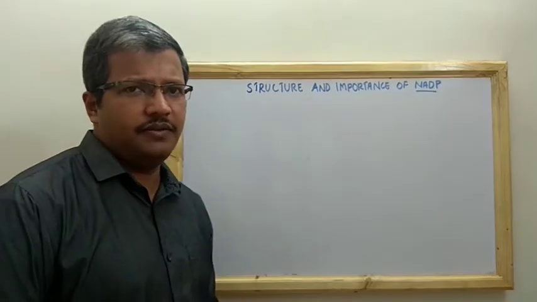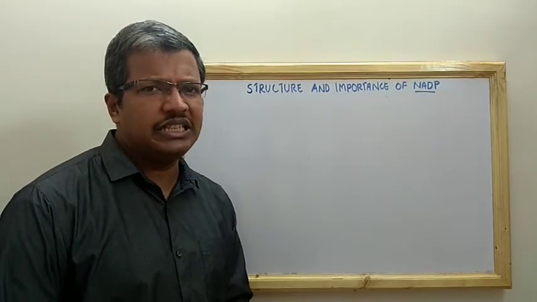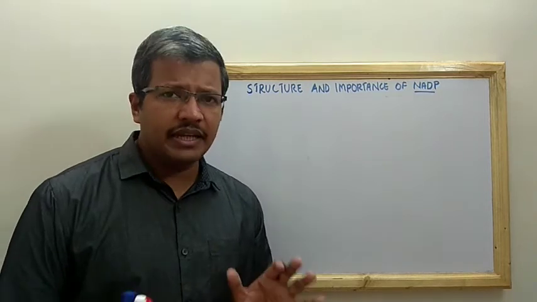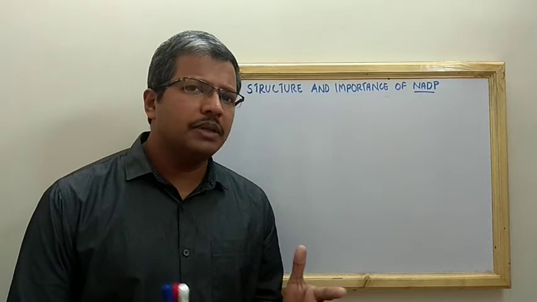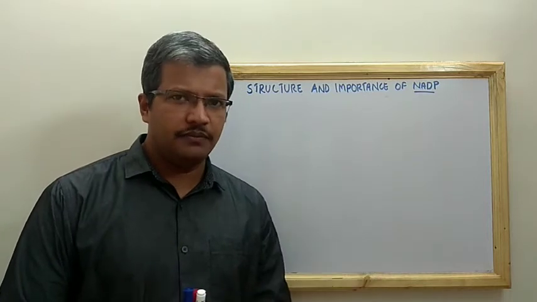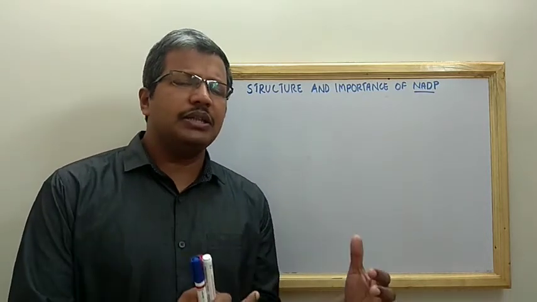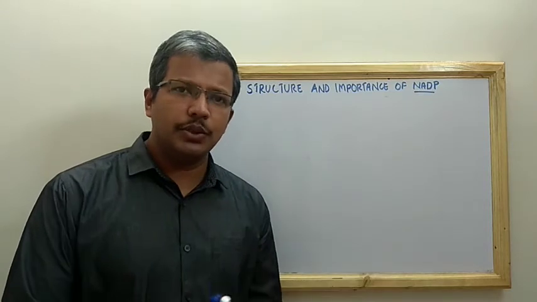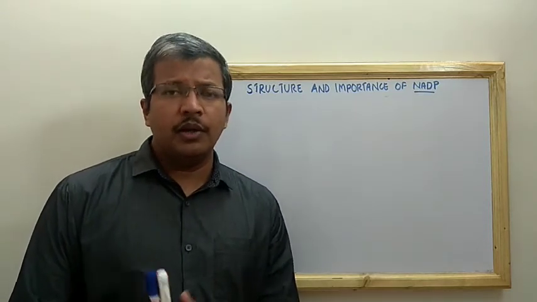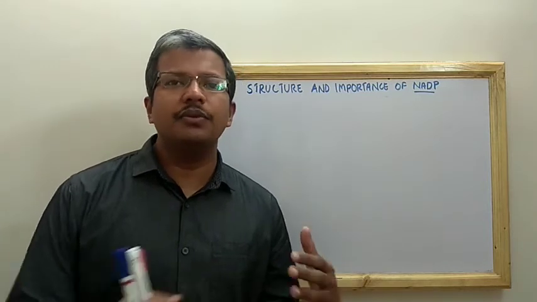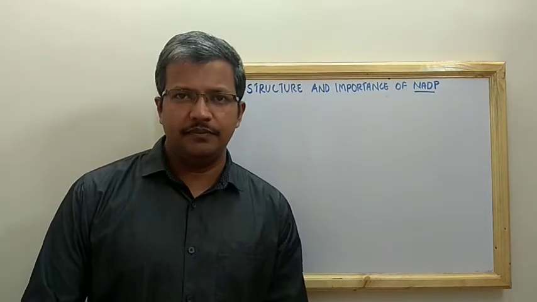From the name itself, we can see that it is almost the same as NAD except the P. And we know the P stands for phosphate. So phosphate is added to the NAD plus molecule, then it will be forming the NADP. Now the question is, where is this phosphate group added?